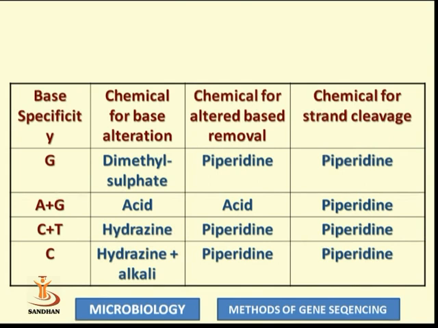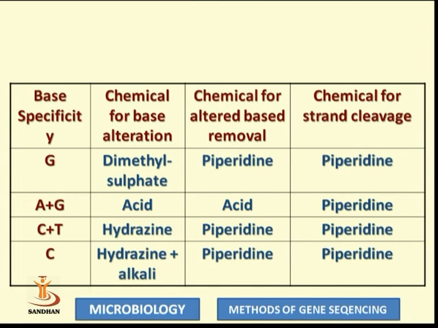Similar to that, suppose I want to cleave the DNA wherever I have A plus G. Then we can cleave it wherever it has the chemical alteration, and for that chemical alteration normally the acid treatment is given. Again for the altered base removal, a second acid treatment is given, and finally for the strand cleavage piperidine is utilized. Similar to that, for C plus T, hydrazine is utilized, and after that for the altered base removal we can utilize piperidine, and again for the strand cleavage piperidine is utilized.